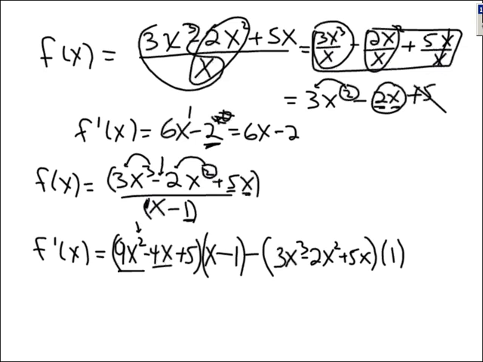And all of this gets divided by the bottom squared. And the calculus is over. All I did was take the derivative of the numerator at some point, that was the first thing I did. And then at some point I took the derivative of x minus 1, which was 1. And then I put the pieces together according to a calculus formula.